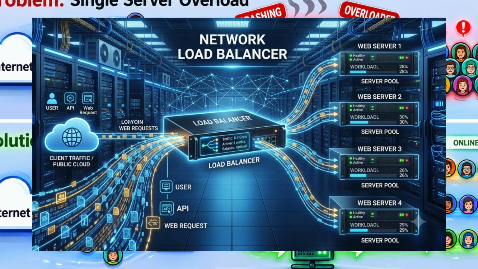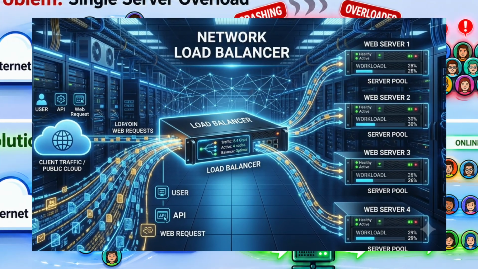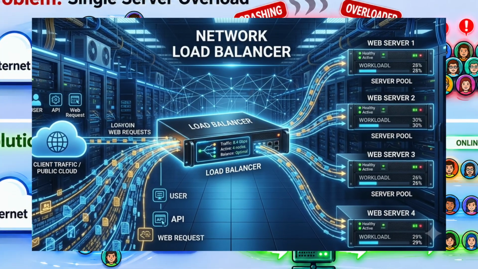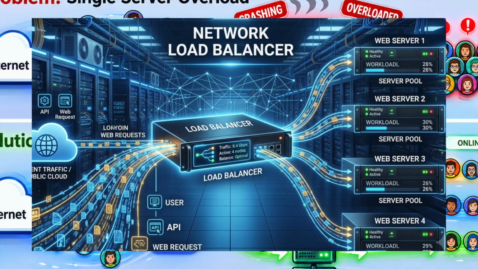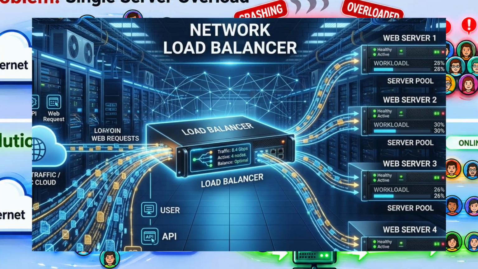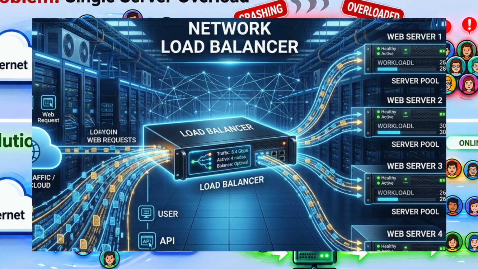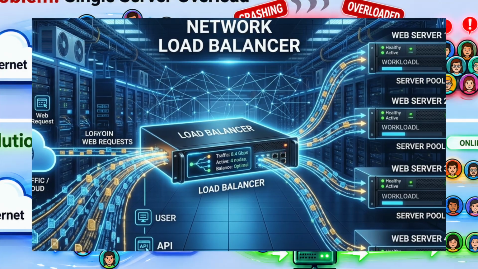If one server becomes unhealthy or goes offline, the load balancer automatically stops sending traffic to that server and redirects users to the healthy server. This helps ensure that users can continue accessing the application without interruption.